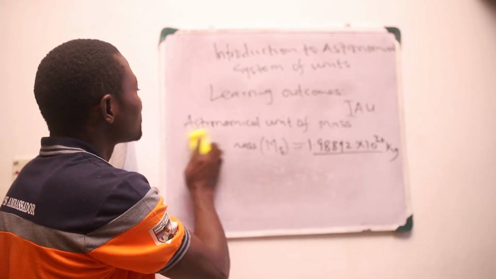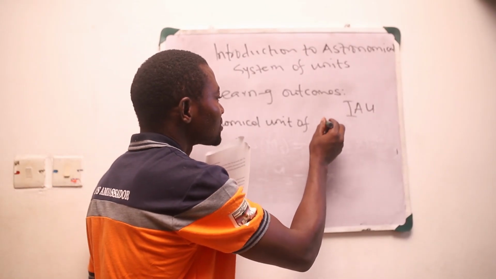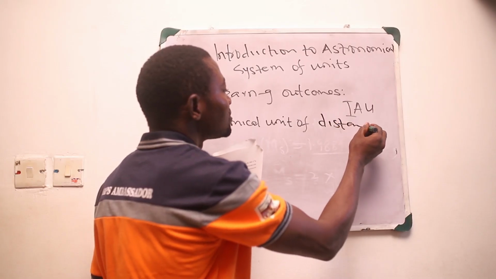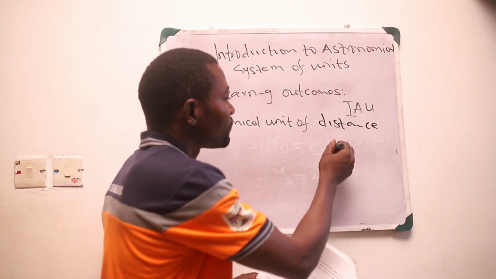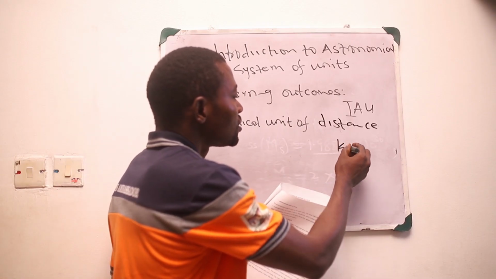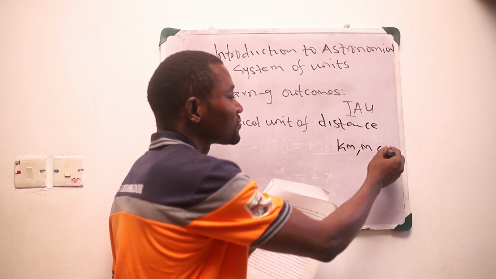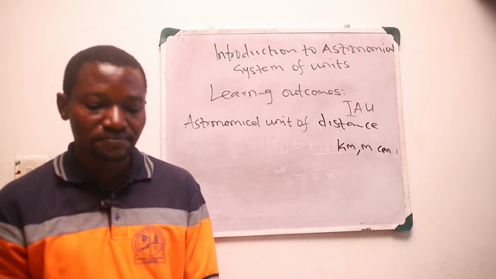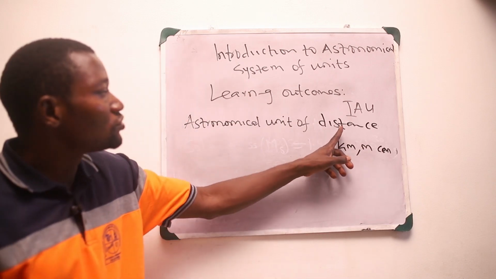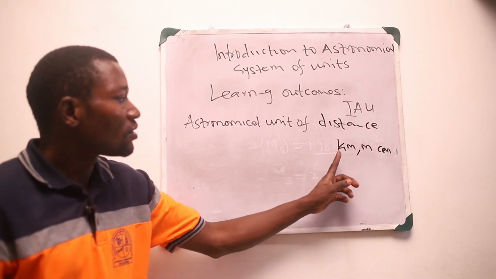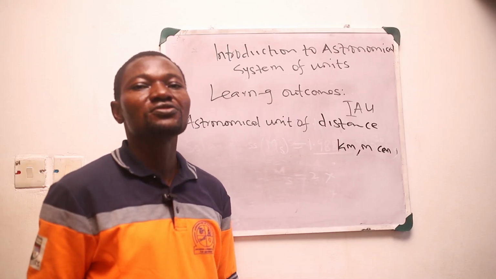Let's look at the third one, and that one is length or distance, astronomical unit of distance. Before now, for distance, we use kilometer, meter, centimeter, derived units, and other ones. But in astronomical unit of distance, all these values are not a good representation.